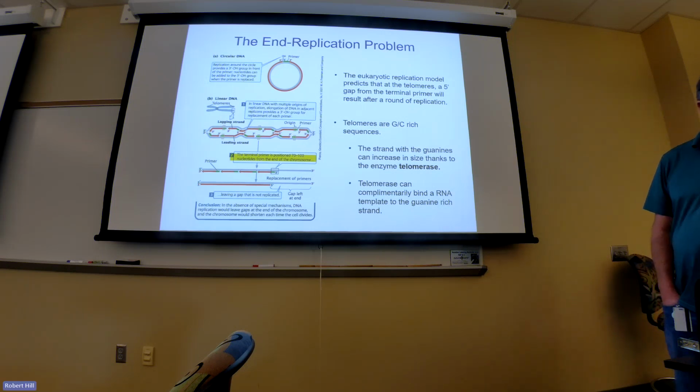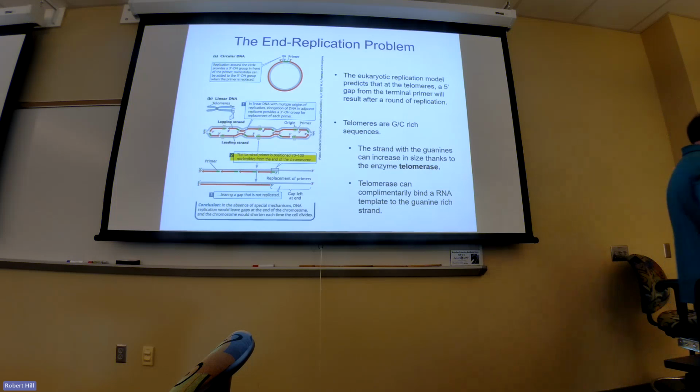All right, so the problem in eukaryotic replication and linear replication is on the lagging strand. So we take this out a little more. You're going to have a segment that doesn't get replicated. So this is at the ends of the chromosomes, which are called the telomeres.